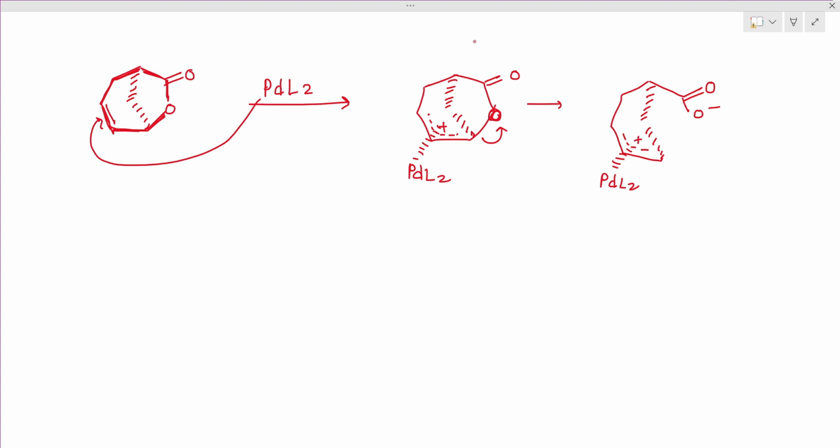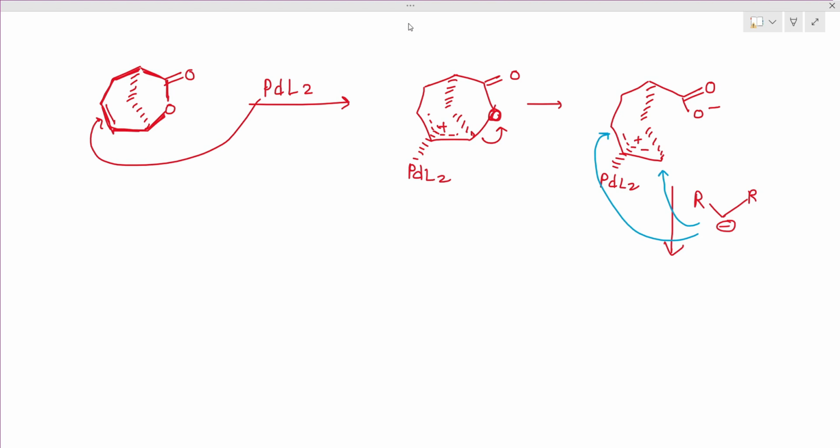Now it is time for the attack of the nucleophile. The nucleophile is R with a minus charge. It can attack either from this side or from this side. These are the two situations.